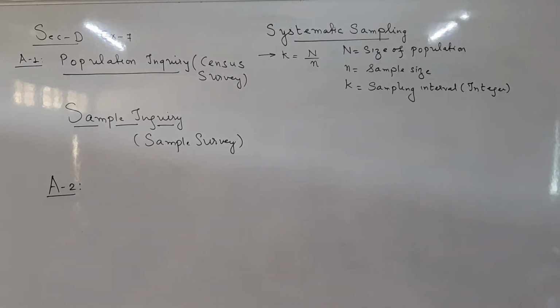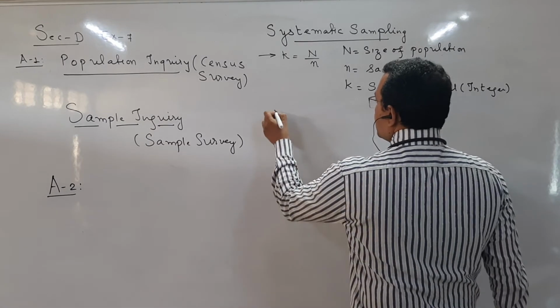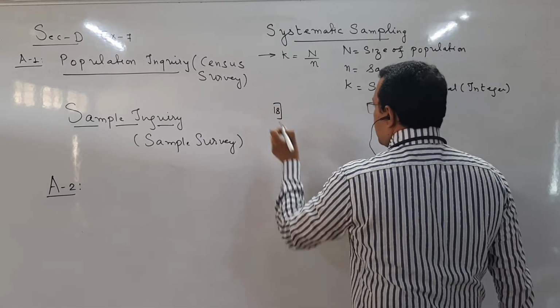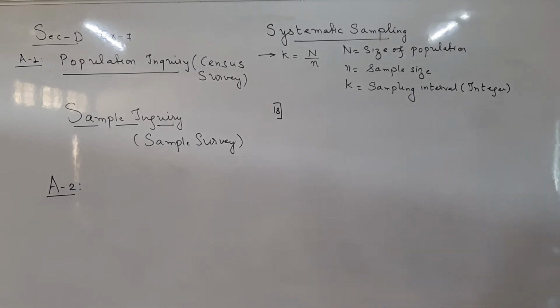Students, while I am emphasizing first on the sums of systematic sampling, again I am reiterating the most important types of sums are the sums of systematic sampling, which are useful in advanced statistics. So at present we are starting from sum number 18 and we will complete questions 18, 19 and 20.